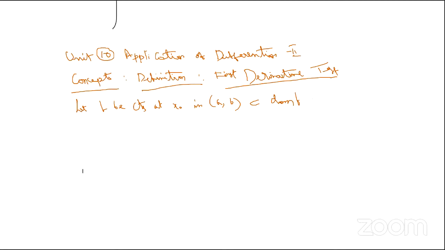Then for 0 less than mod x minus x naught less than delta, we have the following.